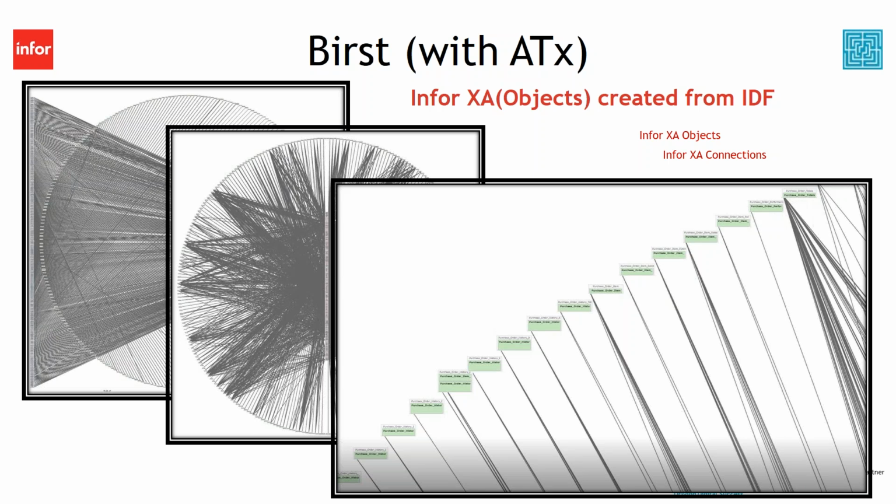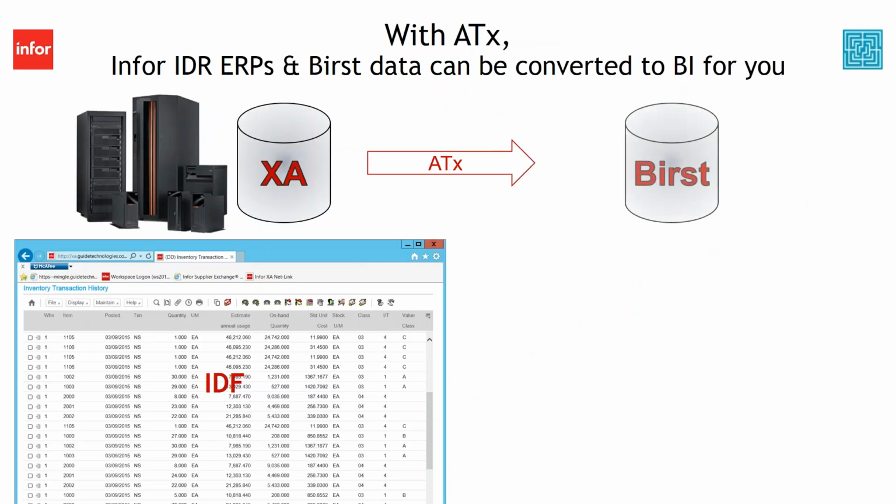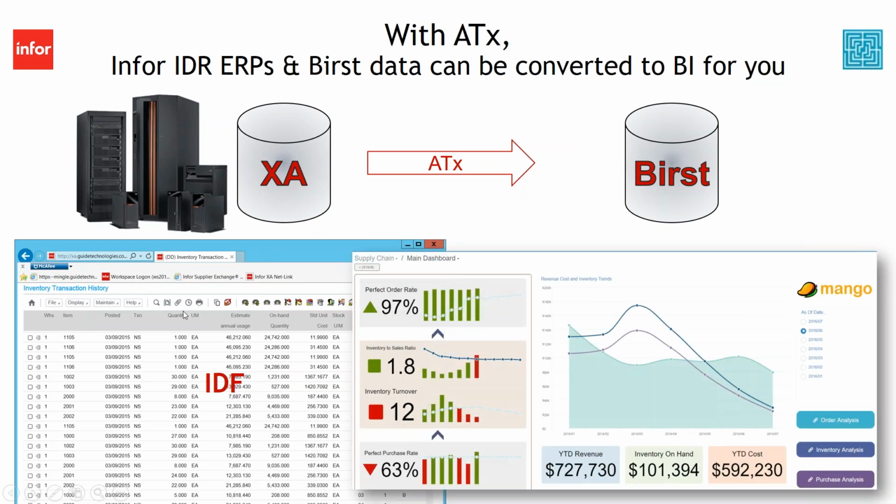So let's think about now what I just showed you. We talked about what business intelligence is and what the dashboards are. We talked about how we had to go get source data. I'm showing you source data here, and then we go out and create these graphs. That can sound very complicated. Let's simplify it. If you understand this screen in IDF, if you can pull up a list window, I can create a Birst dashboard across that information.